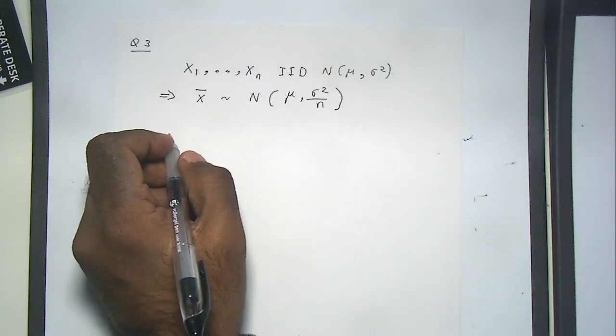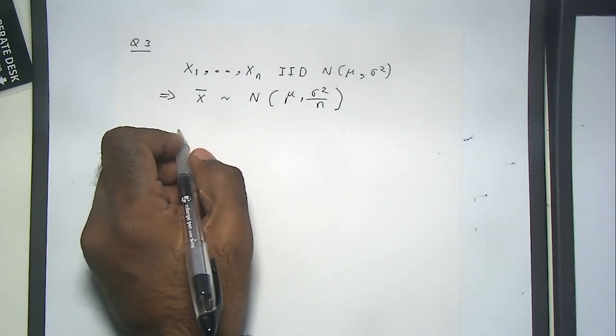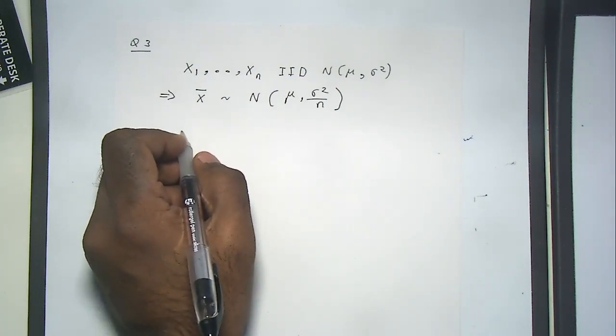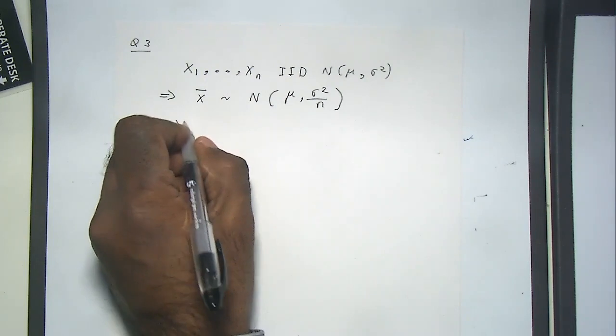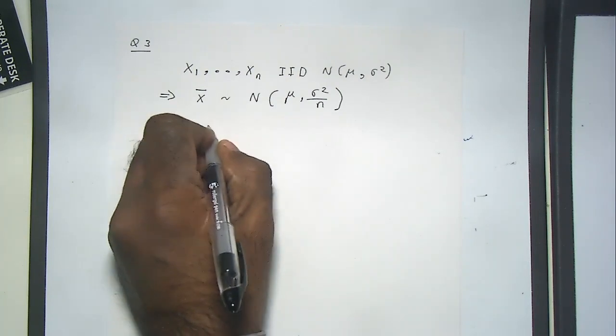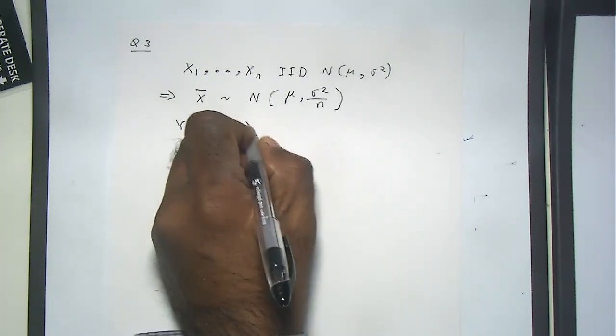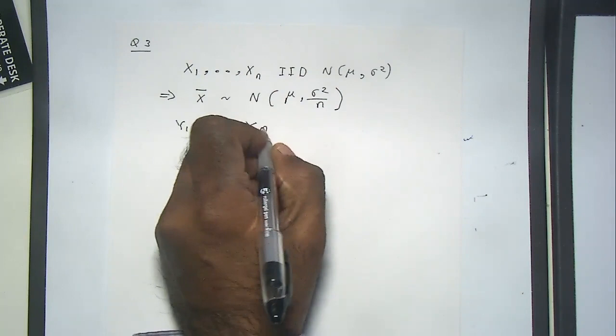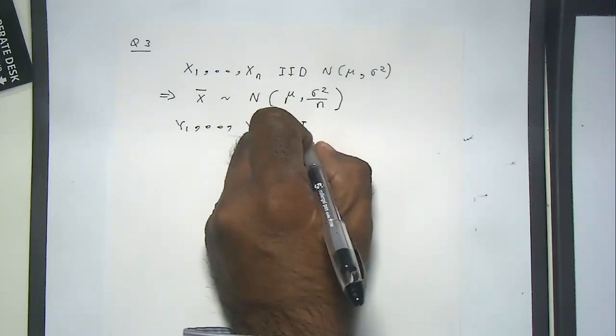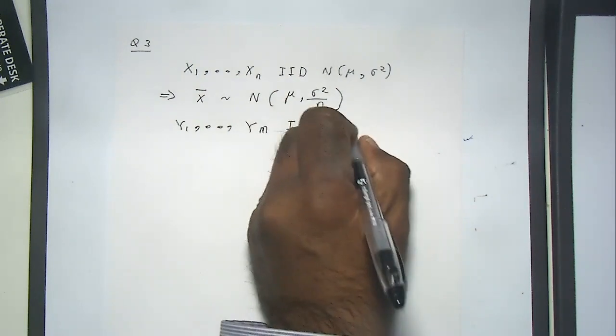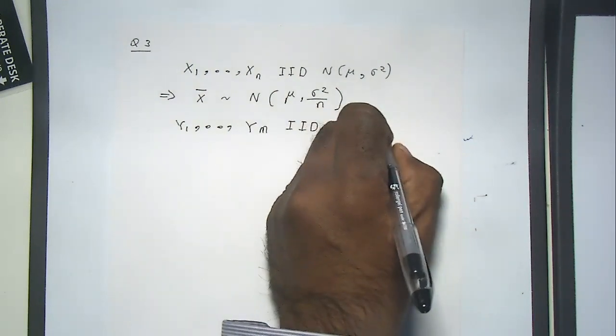Okay? And similarly, you have y1 to ym, IID with normal mu and sigma squared.